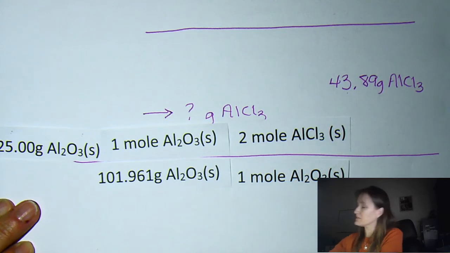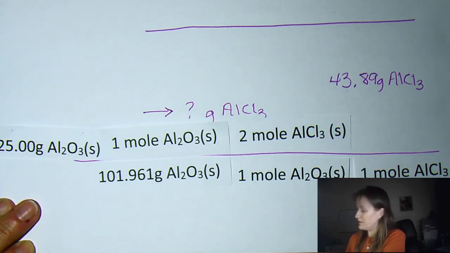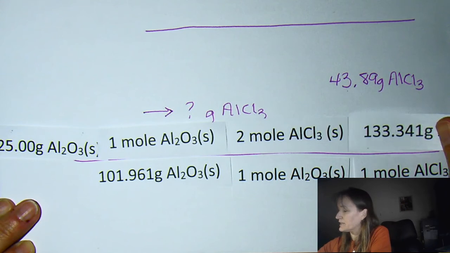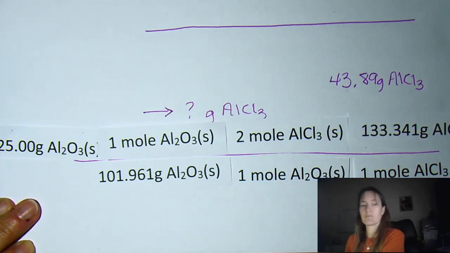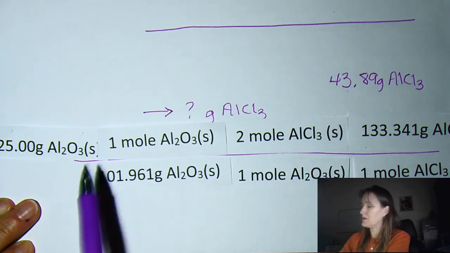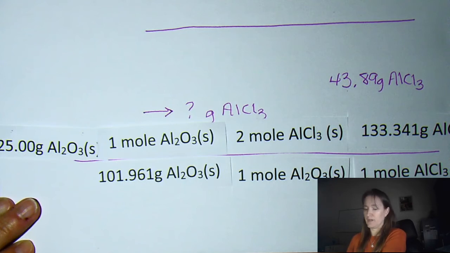And then to convert to the mass of aluminum chloride, we have to cancel moles of aluminum chloride, and we do that by using the molar mass of aluminum chloride. So we're going to multiply across the top and divide by the bottom. All of our units are going to cancel except for grams of aluminum chloride.